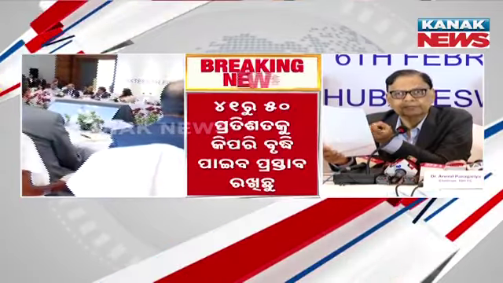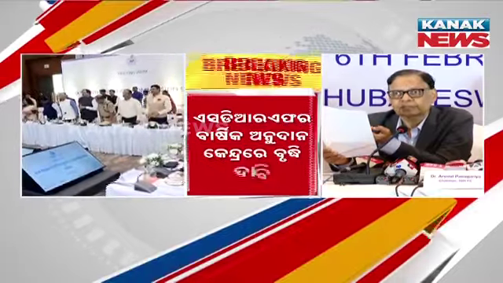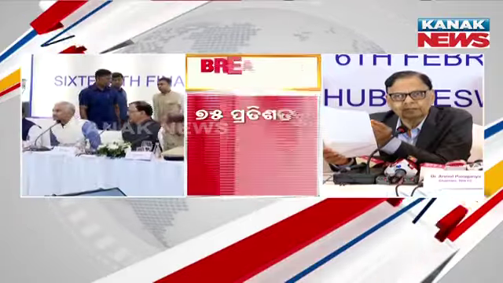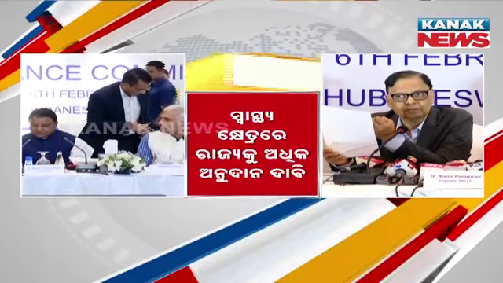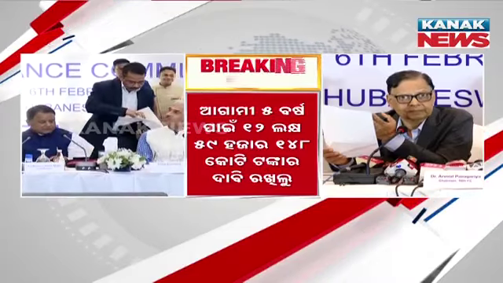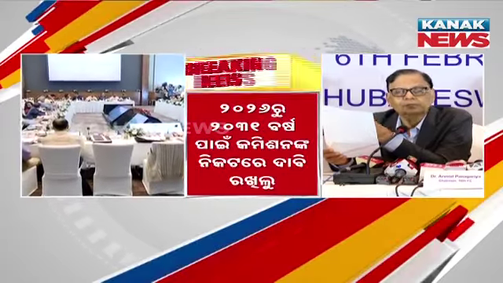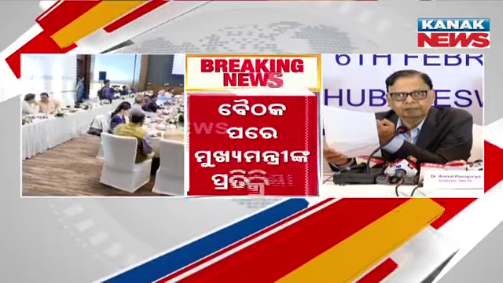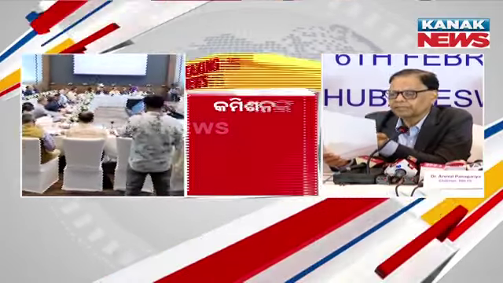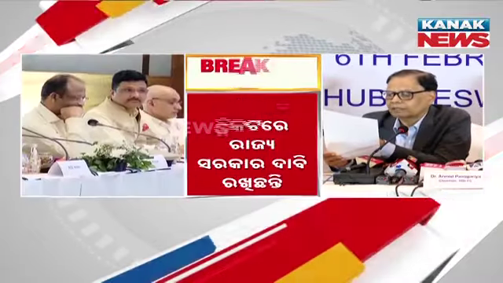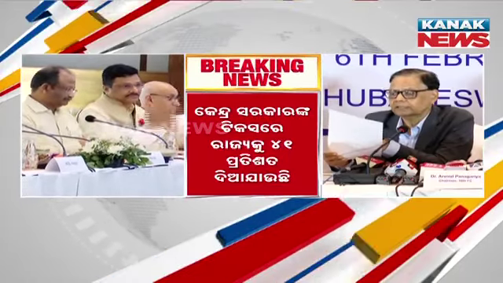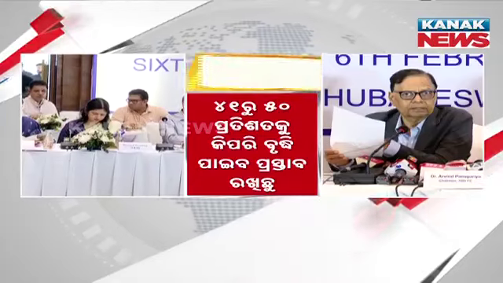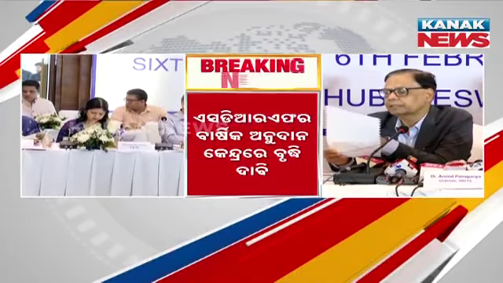Sometimes a state is very poor, its own revenue resources are very meager, and therefore it should be awarded a bit more to compensate for the gap, since using purely its own resources it may not be able to provide that minimum level of public services. That weight is generally very high, and it's 45% both under the 15th Finance Commission and under the recommendations that the Odisha government has made.